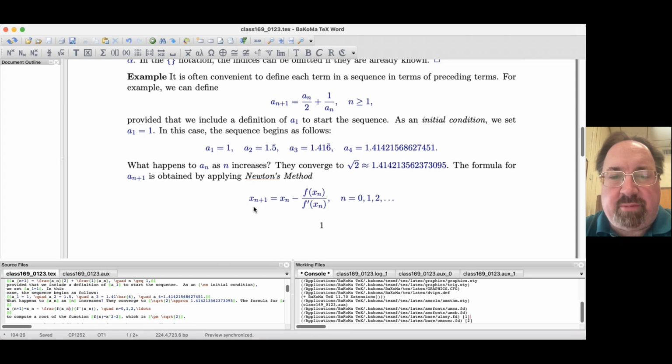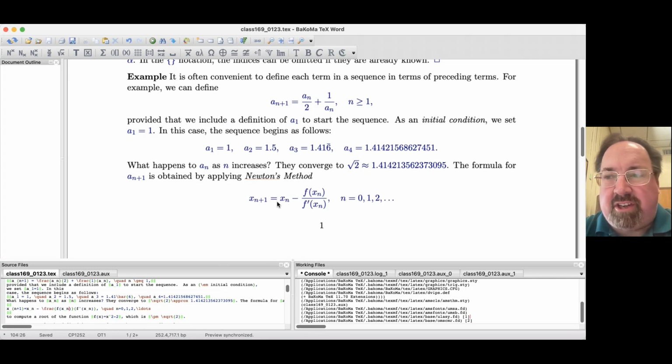So the idea is you approximate the root of f of x by first approximating f of x by its own tangent line and then finding a root of that. The idea being that the closer you are to the root, the better approximation a tangent line is, and then the better its x-intercept is at approximating the true root, and it works quite well.